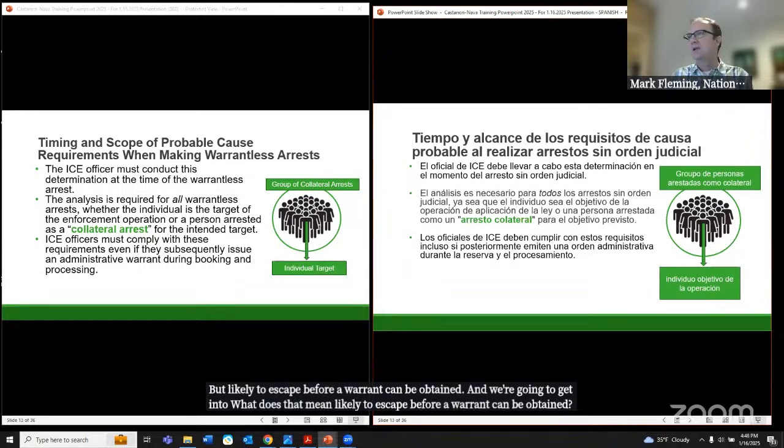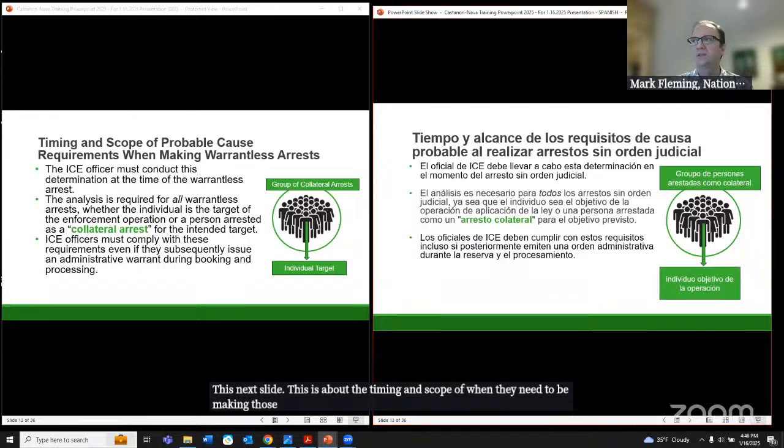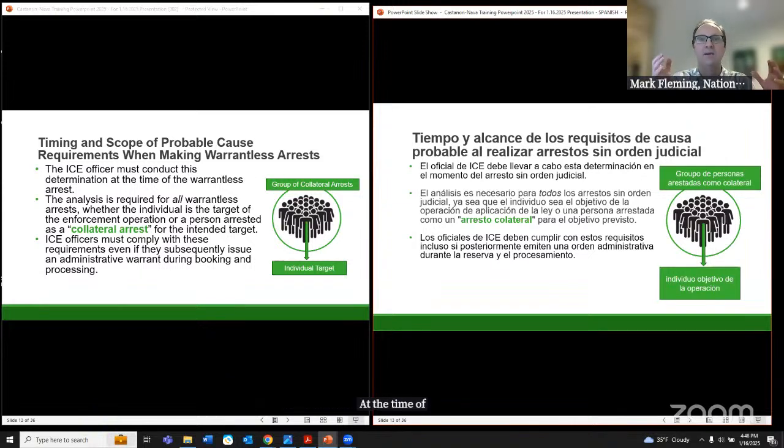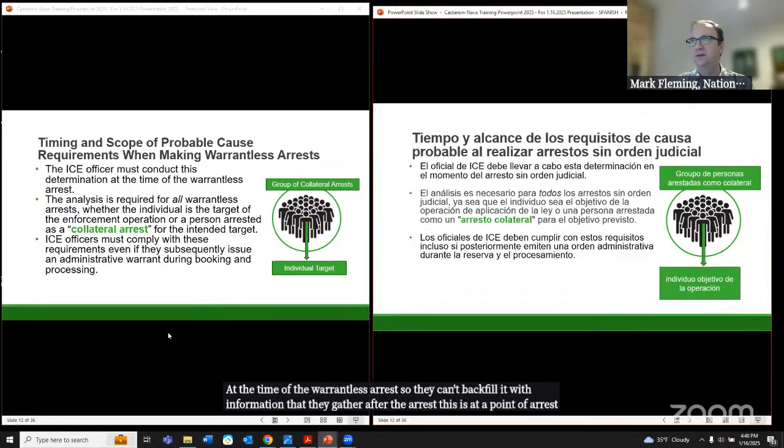This next slide is about the timing and scope of when they need to be making those probable cause requirements. ICE must conduct the determination at the time of the warrantless arrest. So they can't backfill it with information that they gather after the arrest. This is at a point of arrest analysis.